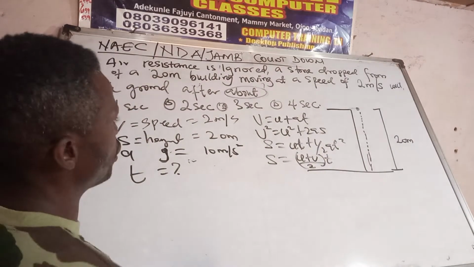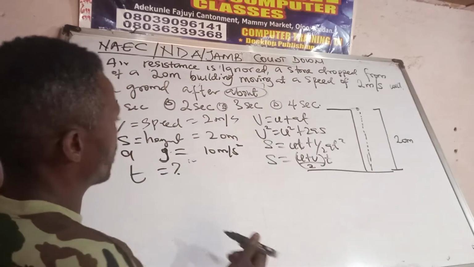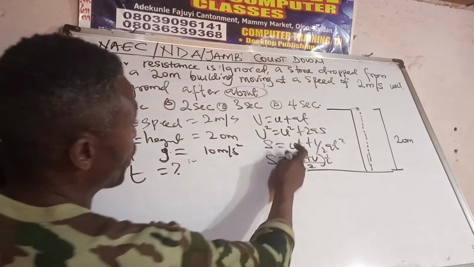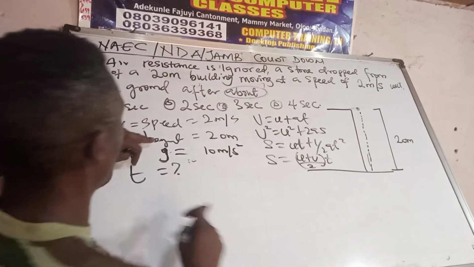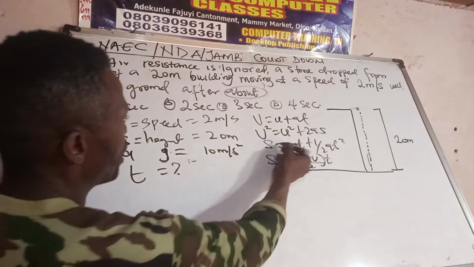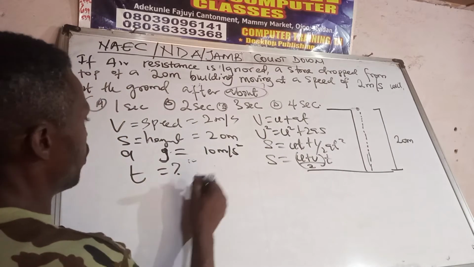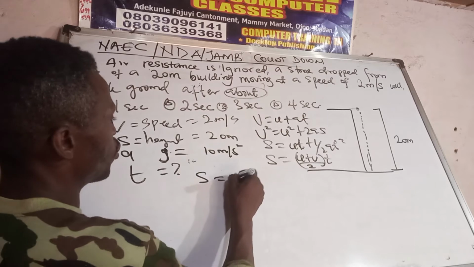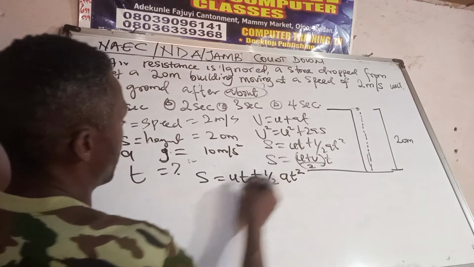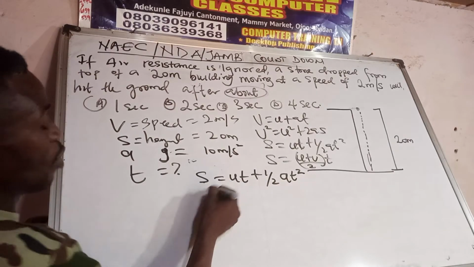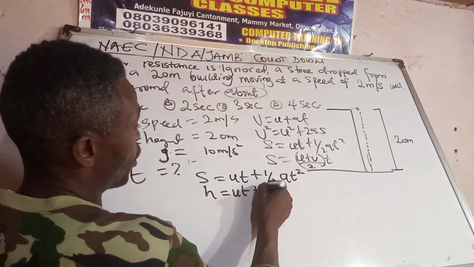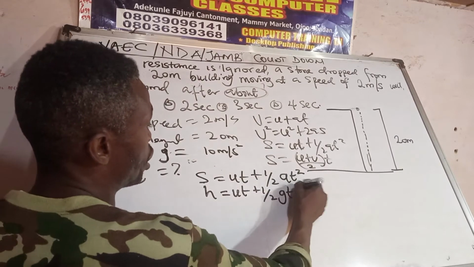Let's quickly substitute so that we find the value of T. My S becomes H, because it is vertical motion. We make use of H equals UT plus half AT squared, where S becomes the height. H equals UT plus 1 over 2 GT squared.